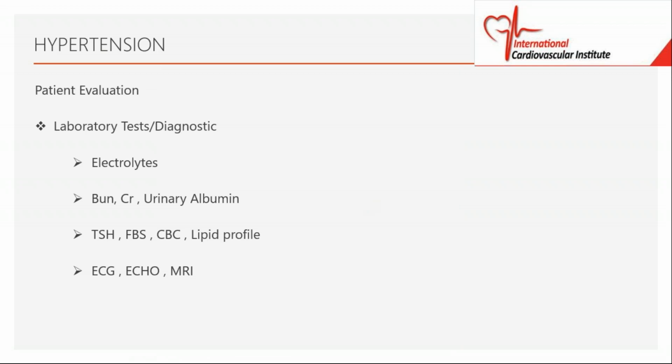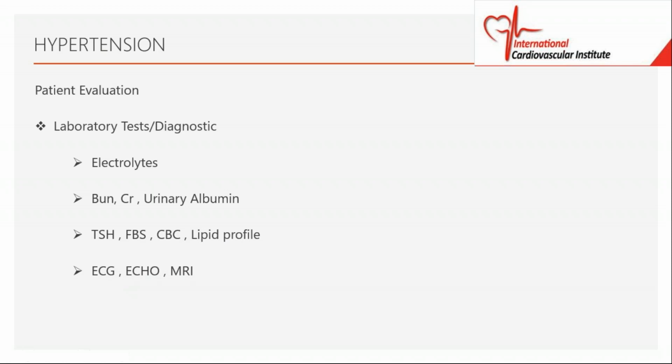For the patients who you suspect have secondary hypertension, the blood tests or the evaluation, the tests that you're going to do are pretty similar to the primary ones. You're going to get your electrolytes, BUN, creatinine, urinary albumin, TSH, sugar, CBC, ECG, the echo, MRI.